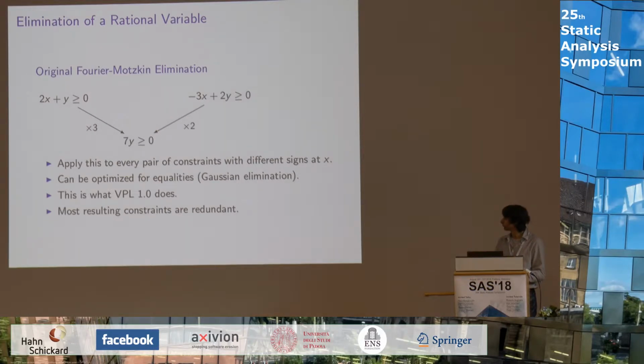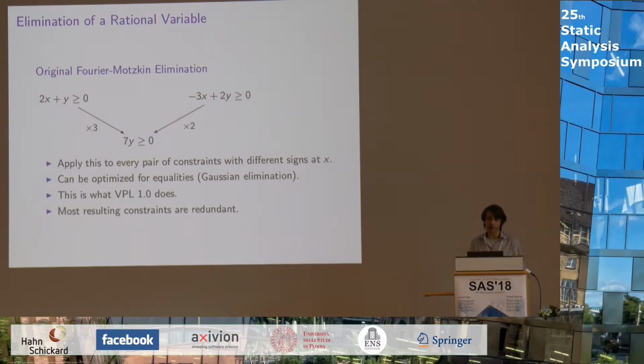So this can be optimized for equalities, right? If a variable appears in an equality, you can use it as a definition, basically doing Gaussian elimination. From what I know, this is what VPL, the Verimag Polyhedra Library 1.0, does. Alexey Bakhirkin wrote a whole thesis about, not only this, but about how to make this work reasonably well.